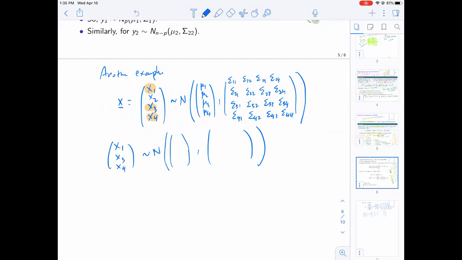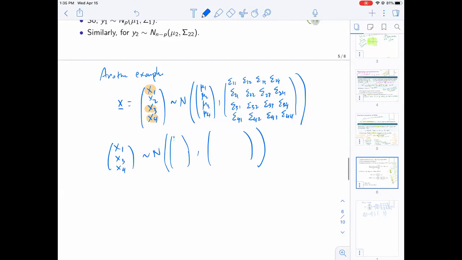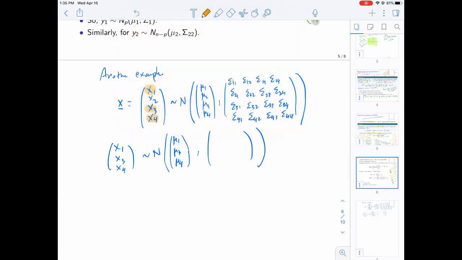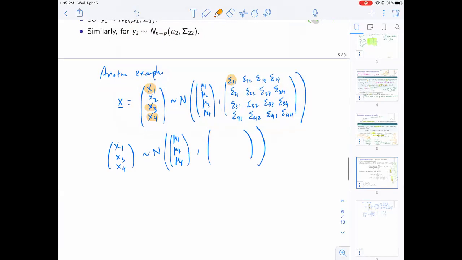The mean is going to be mu1, mu3, mu4. Yes. And the covariance, I sort of remember this trick: you take the first row and column, third row and column, and fourth row and column, and exclude the second row and column. It's basically the submatrix of the covariance matrix indexed by these elements.